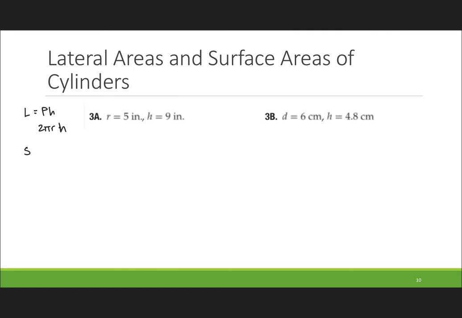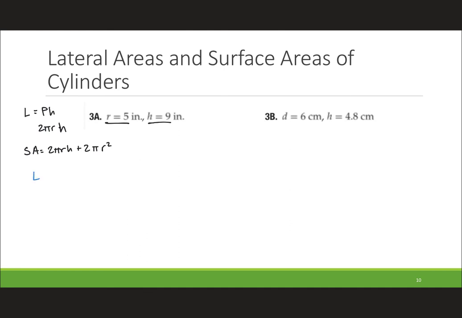And then my surface area is going to be 2 pi r times the height plus 2 pi r squared. Okay, so just looking at my equations, I see I need the radius and the height. And as you look at your problems, you can see this one in particular gives you the radius and it gives you the height. So I don't need to do a whole lot. I can go straight to plugging it in.